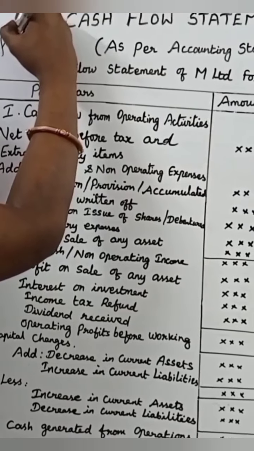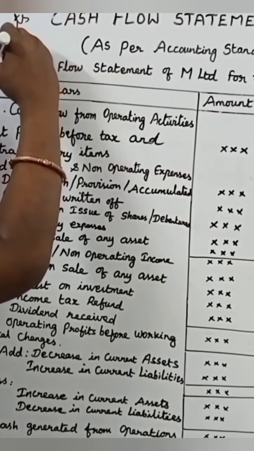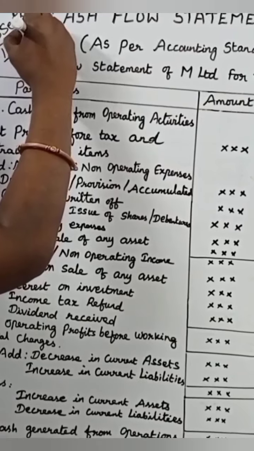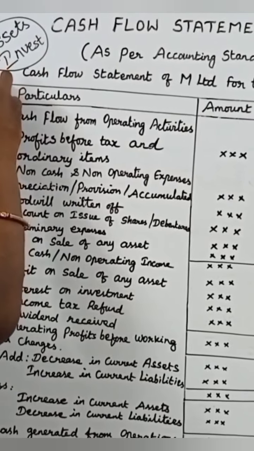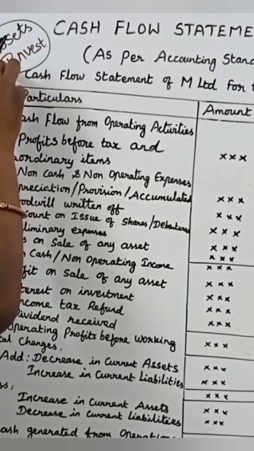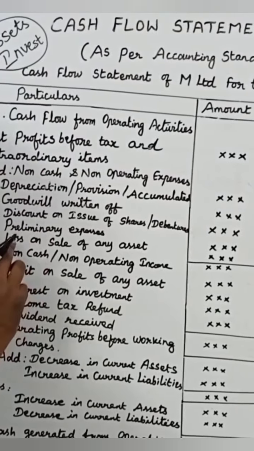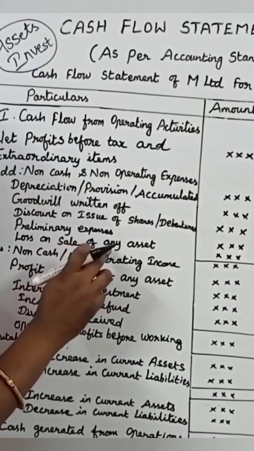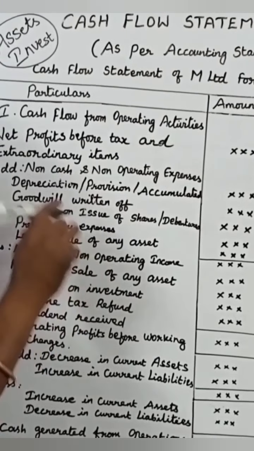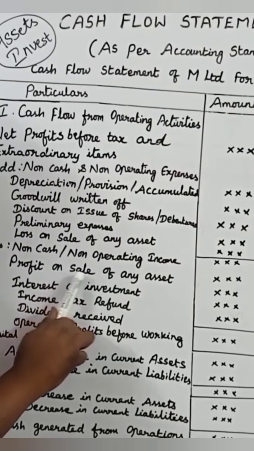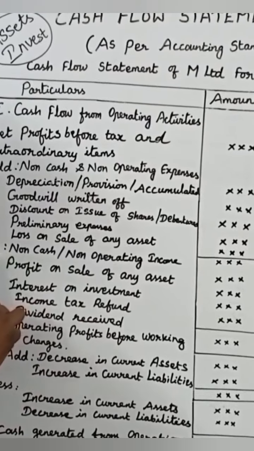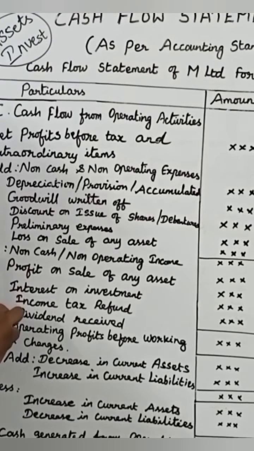When assets or investments are sold, the total cash received will be shown in the cash flow statement under investment activities. If there is any loss on sale of any asset, it will be added back to the net profit, and any profit on sale of an asset will be subtracted from the net profit.